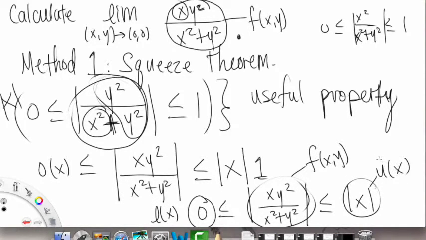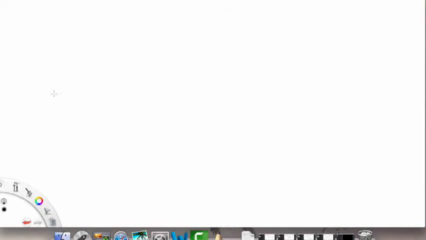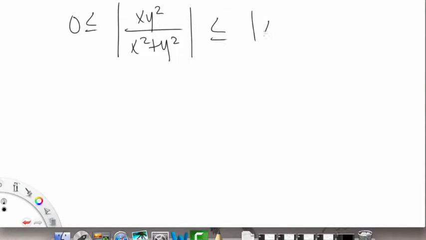and this is the upper function, our u of x. Okay, so what we're going to do is take the limit as (x, y) goes to (0, 0) of the outer ones, of L of x and u of x, and then if those agree, then that means that the limit of our f of x, y has to be squeezed to the limit of the other two. Okay, so again we had 0 is less than or equal to the absolute value of xy squared over x squared plus y squared, which is less than or equal to the absolute value of x.